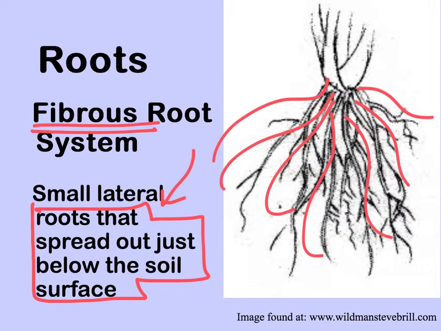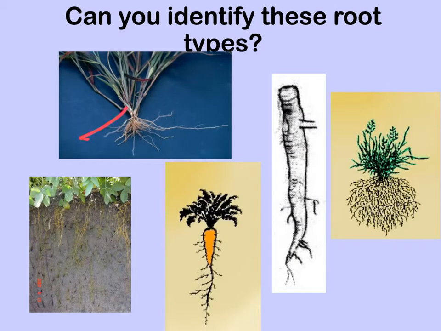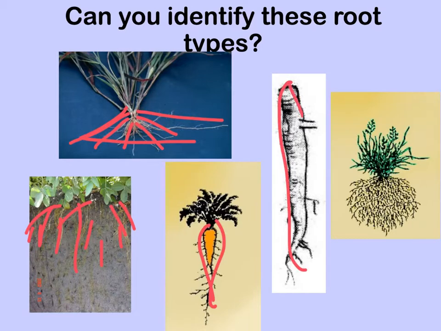And when you look at pictures, it's going to be really obvious which is which. So, obviously, this is fibrous roots. These are fibrous roots. See how they're very stringy and hairy? This is a taproot. This is a taproot. These are fibrous roots. So, obviously, you can very easily tell the difference between the two.